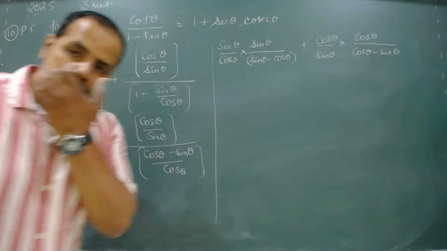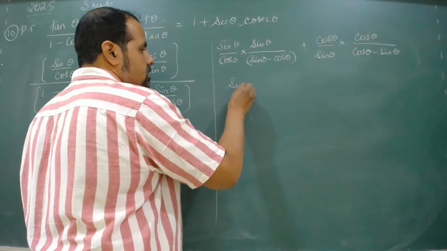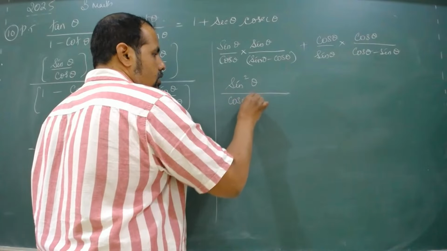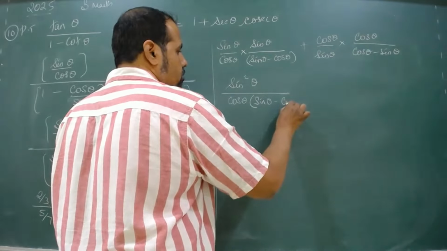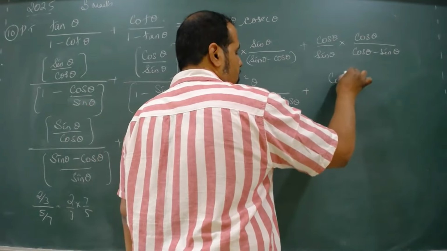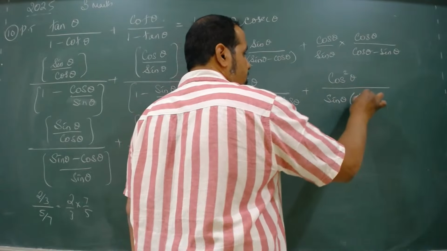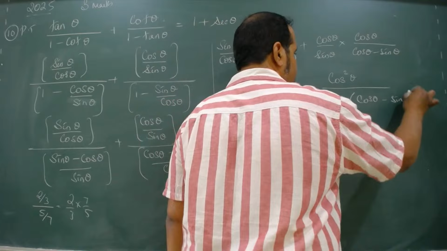Let me multiply the individual terms in the numerator. Sine theta into sine theta is sine square theta divided by cos theta into sine theta minus cos theta, plus again here cos square theta divided by sine theta into cos theta minus sine theta.